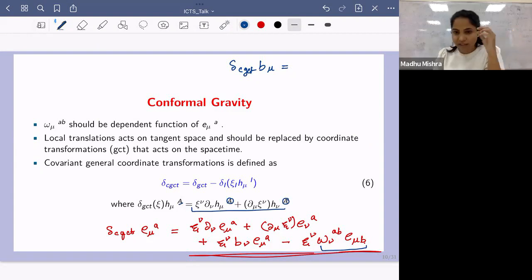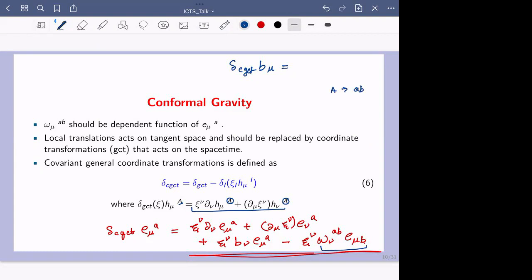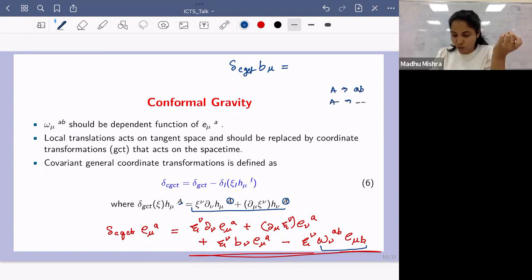So this A is just the index for the symmetry transformation. For example, if you have Lorentz transformation, this A will correspond to AB. But if you have dilatation, this A has no meaning. There is nothing, so just b mu is there. So A will correspond to the particular symmetry that you're taking. Whatever gauge field you want, you can write this covariant general coordinate transformation for that.